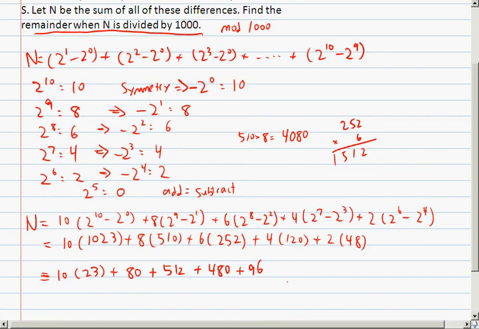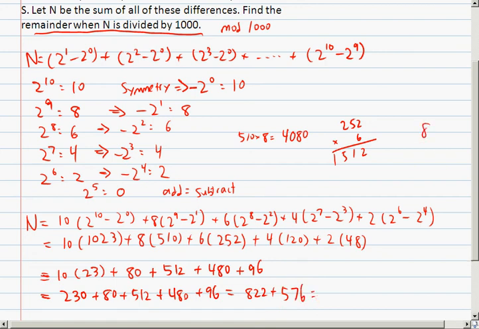And now, adding all these together, we have 230 plus 80 plus 512 plus 480 plus 96. And when we sum all of that together, we get 822 plus 576.